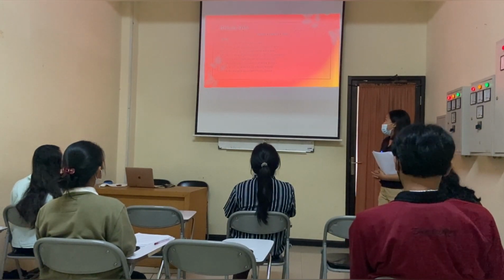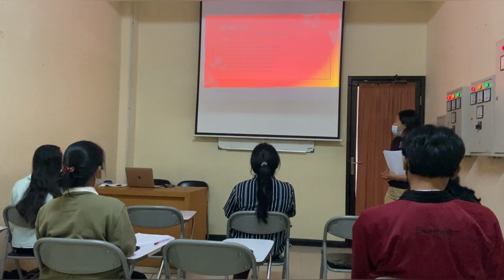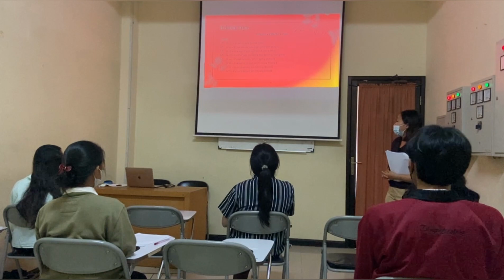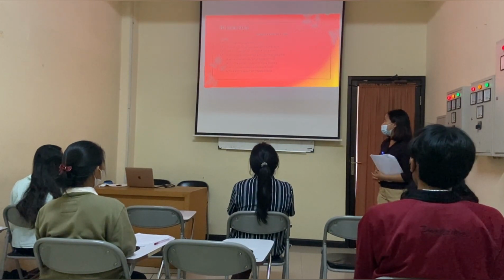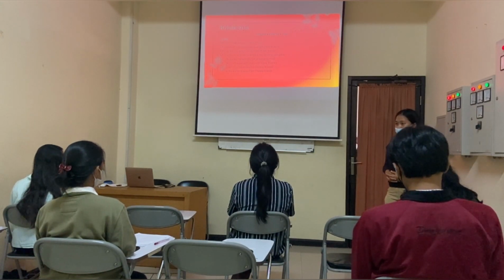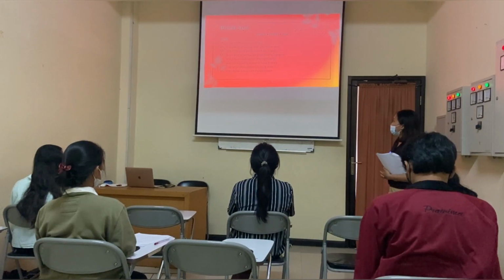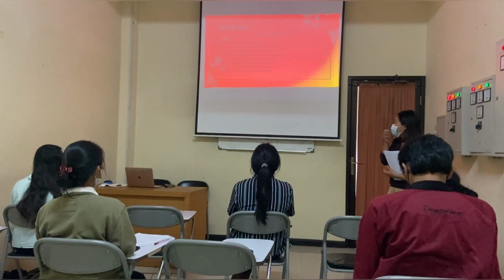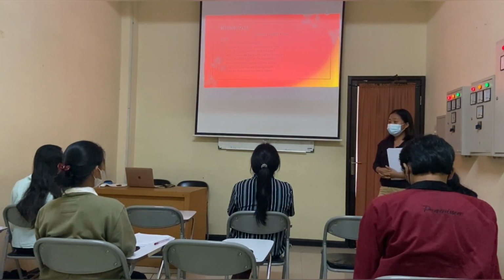And the next example, if you want to say jam 7 lebih 10 menit, you can say it's 10 minutes past 7. And the next example, if you want to say jam 8 lebih 15 menit, you can say it's a quarter past 8.